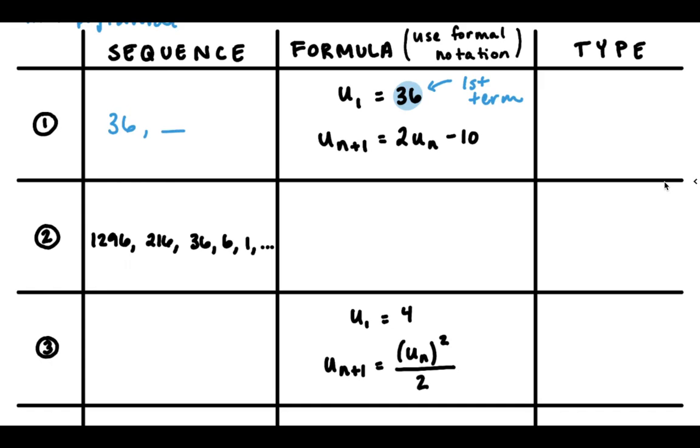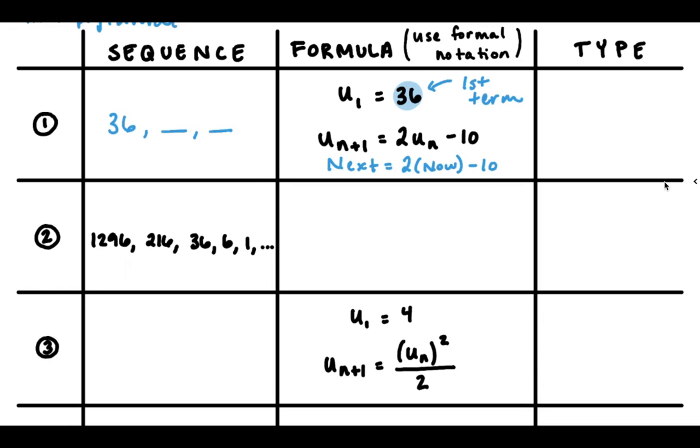Then we need to know how to fill in the rest of the sequence, and that's where our rule comes in. Remember that u sub n plus 1 is our symbol for next, and u sub n is our symbol for now. So this is saying the next is 2 times the now minus 10.